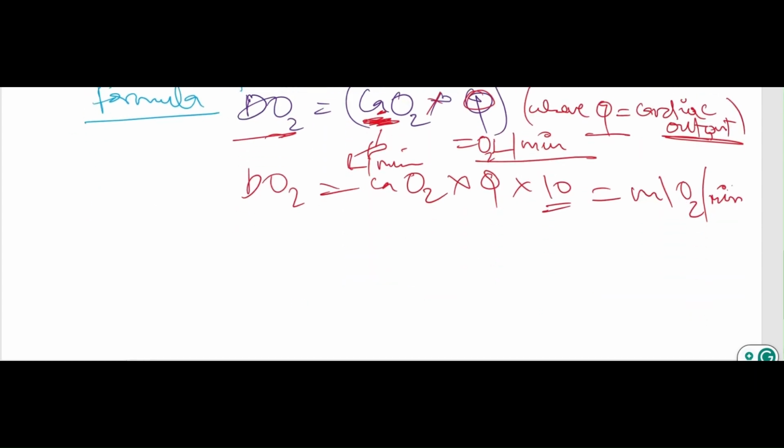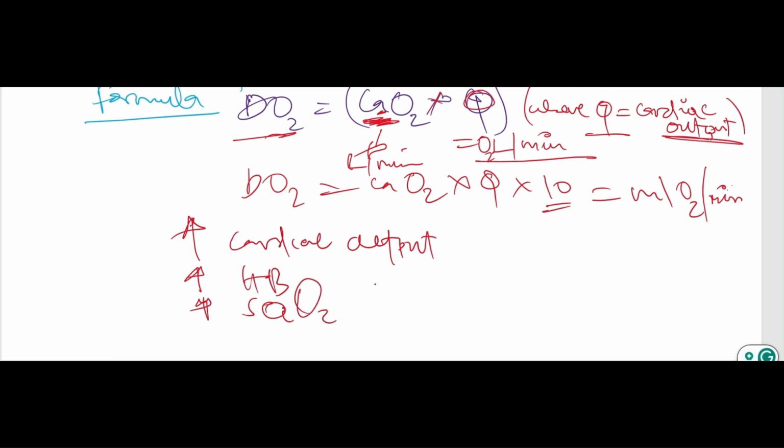And remember that oxygen delivery to tissues is affected by 3 factors. That is, cardiac output, hemoglobin, and saturation.